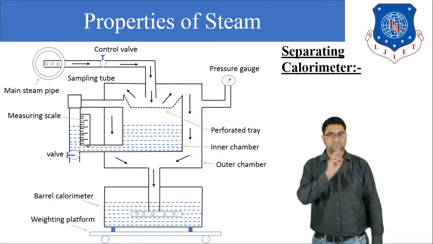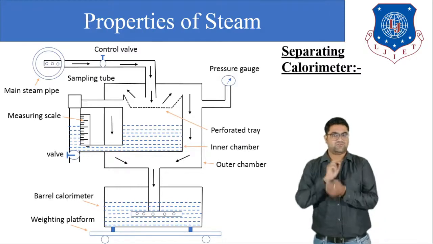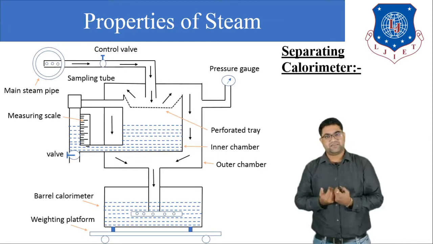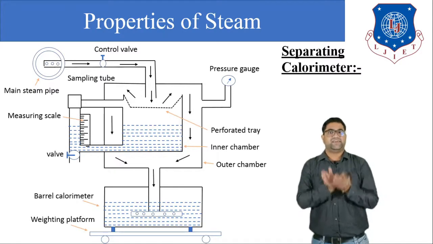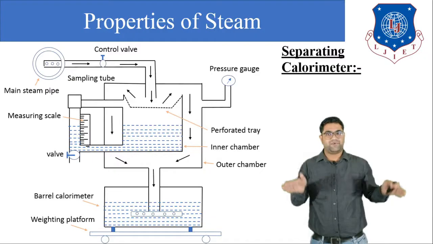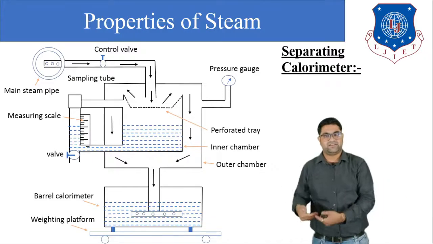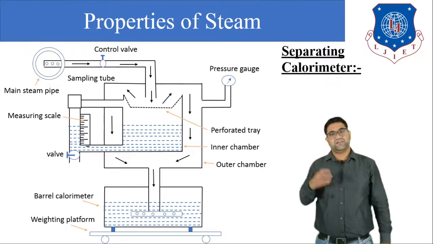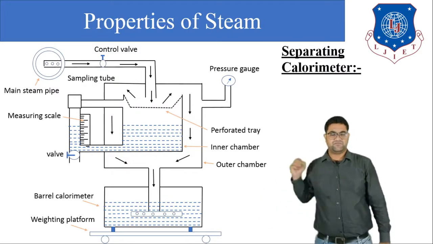Here you can understand that there are two masses. The first mass, which is separated in the inner chamber, is the mass of water, and the second mass, which escapes from the perforated tray and enters the barrel calorimeter, is the mass of steam. We can measure the mass of steam with the help of this weighing machine.